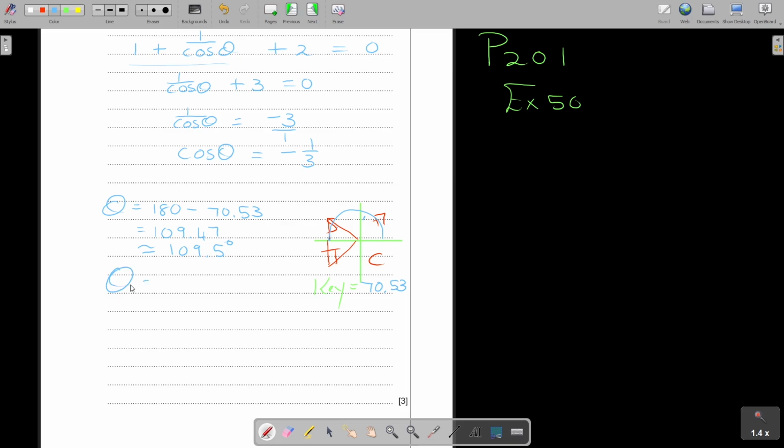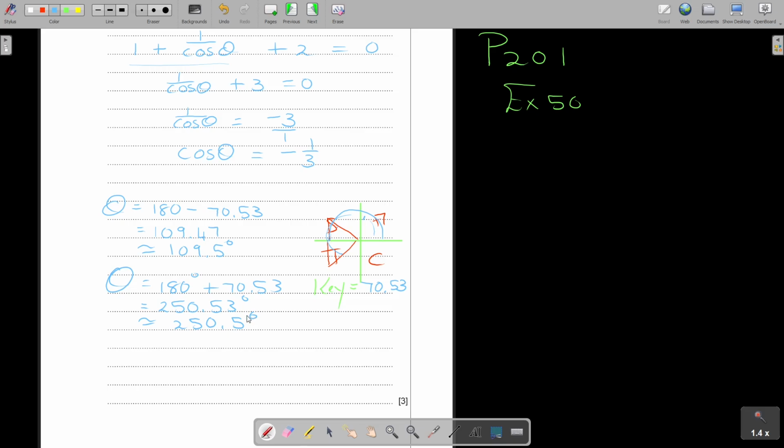And then the other one is 180 plus that little bit. If you again say 180 plus 70.53, then you will get 250.53, and that will be 250.5 degrees.